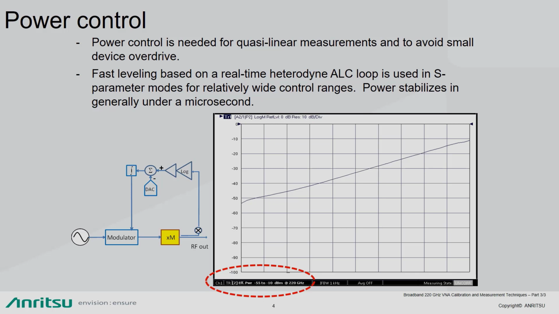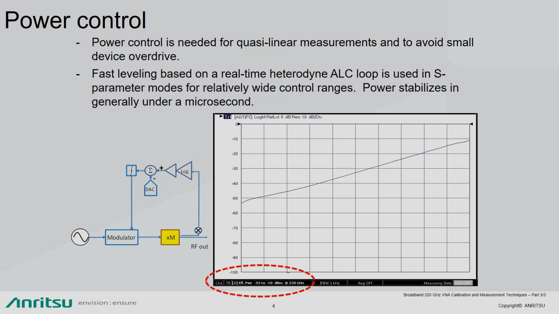Since many on-wafer devices such as transistors and LNAs start to compress as low as minus 50 dBm, it is important to have a range of power control that can set the VNA source power to the desired level. As shown previously in the NLTL module diagram, each source band provides an electronic ALC control loop for a wide range of power level control.